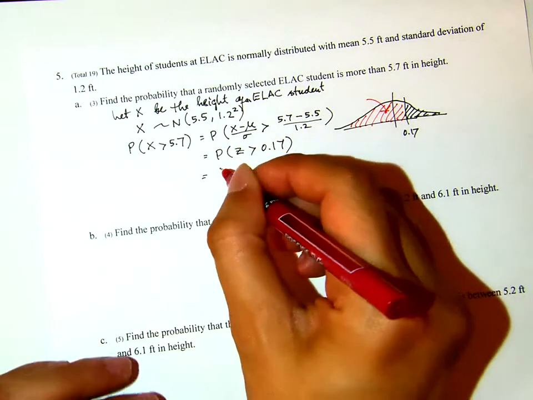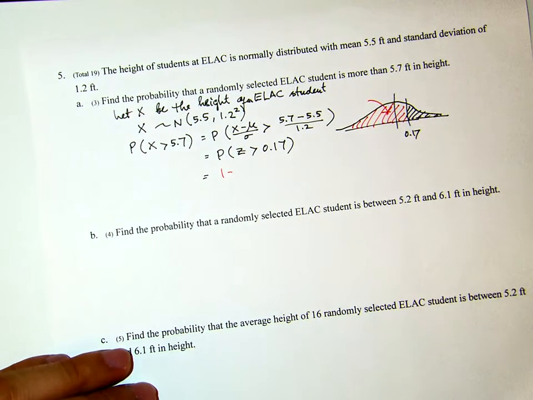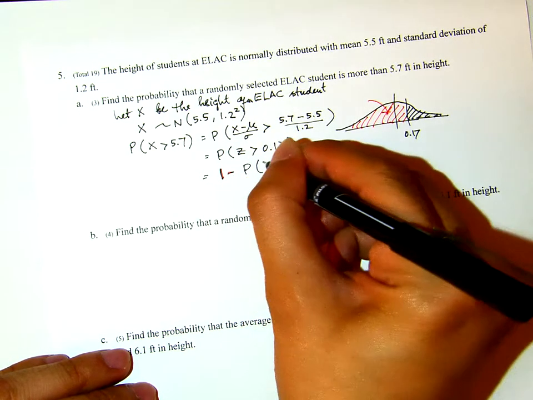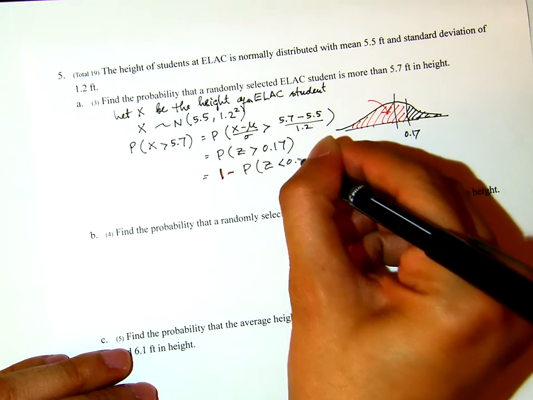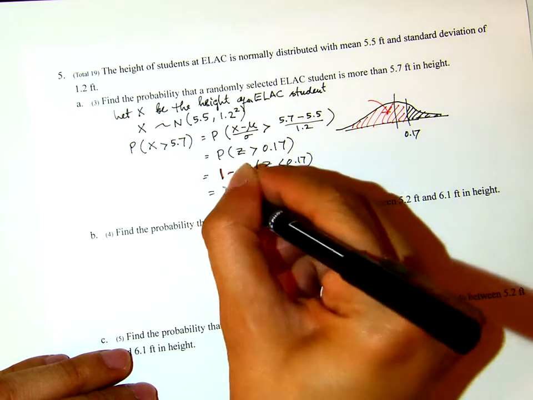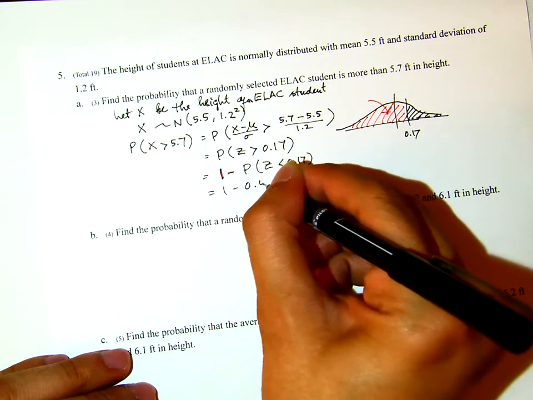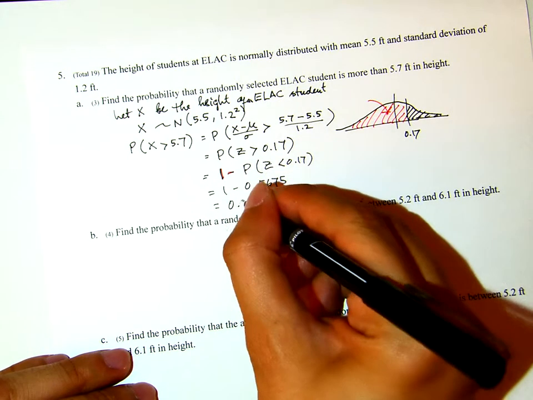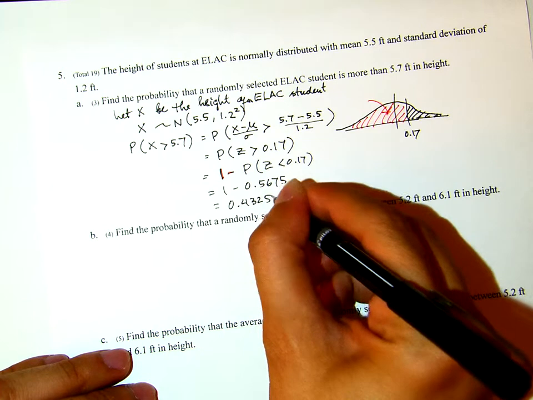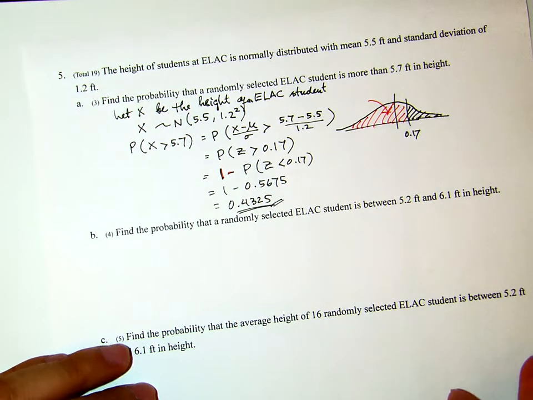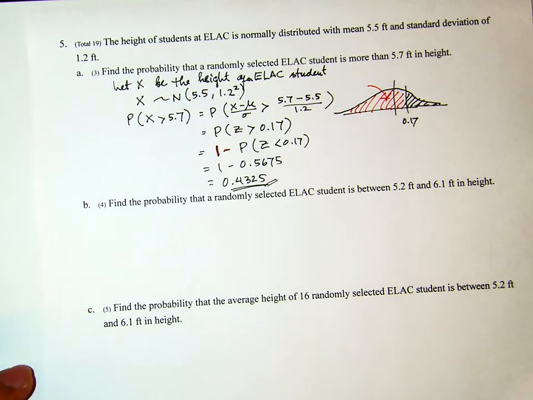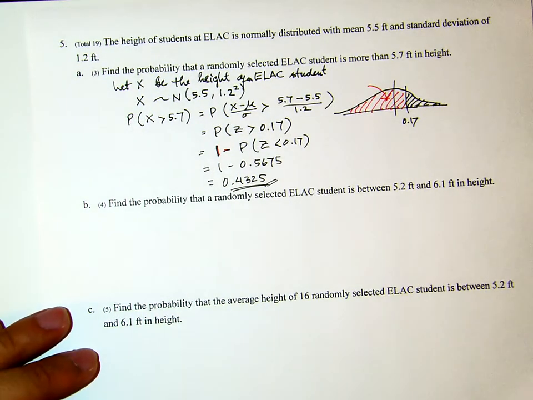So it will be 1 minus the probability that Z is less than 0.17, which is 1 minus 0.5675, which equals 0.4325. That's the probability that an ELAC student will have height greater than 5.7 feet.